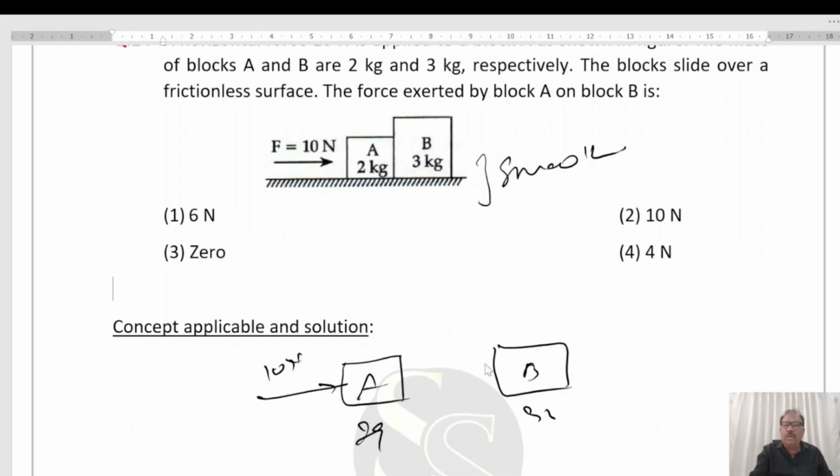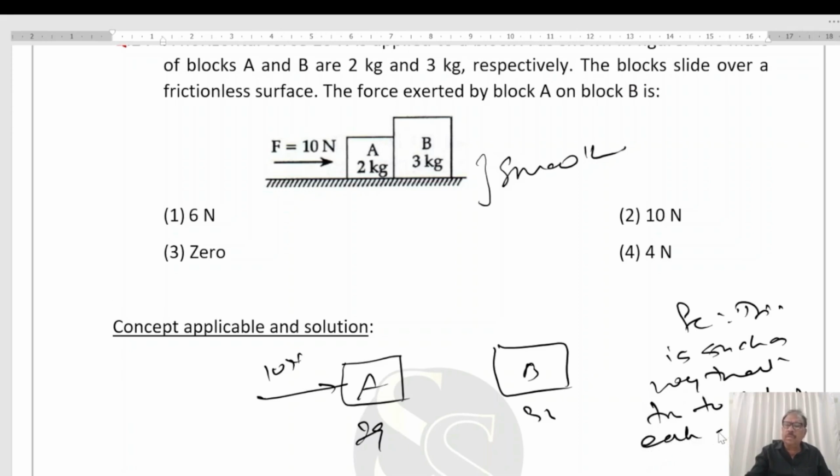Now, contact force will be there. Direction of contact force is such a way that they try to separate each other and not to stick together, right?